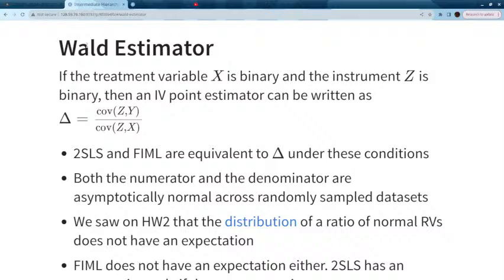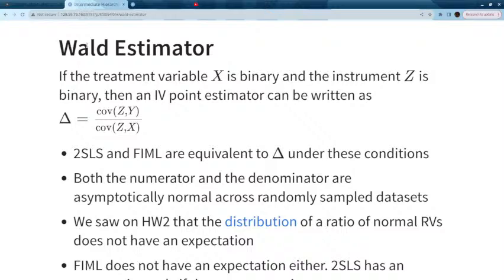And that's the fundamental reason why the ratio of normals is so heavy-tailed, it doesn't even have an expectation. The integral defining the expectation diverges rather than yielding an area.